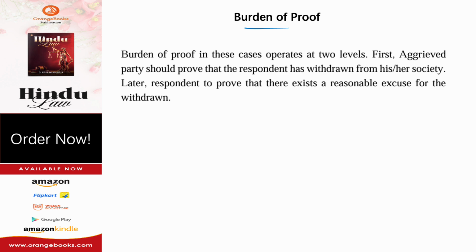So what is the burden of proof in this? There are two levels. At first, the aggrieved party has to prove that the other party, the respondent, has withdrawn from his or her society. Take the husband and wife example. If the husband has withdrawn from the society, then the wife has to prove that he is living separately.